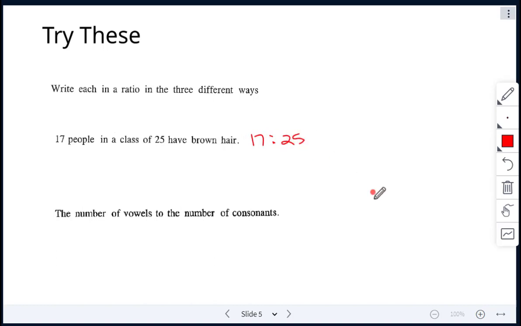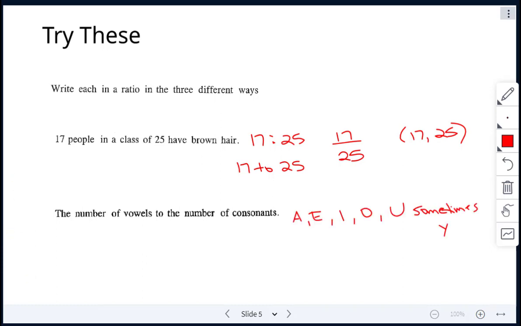Okay, the 2 dots, we just say "to". So we would just say 17 to 25 when we read that out loud. Fraction method, we would just write 17 out of 25. And then if we did that in the ordered pair notation, we could write it like this. All right, give the second one a try. The number of vowels to the number of consonants.